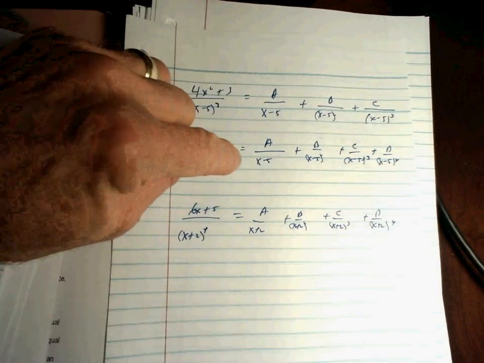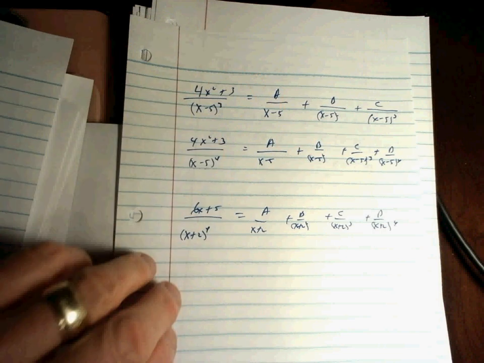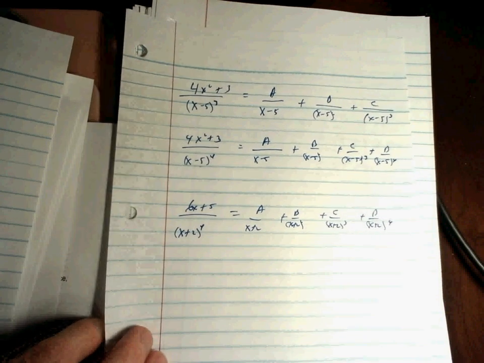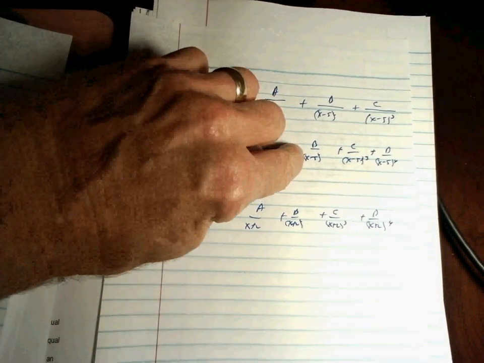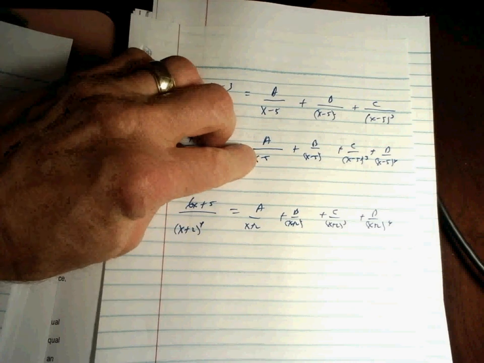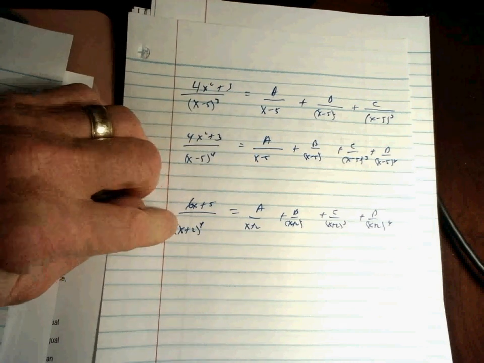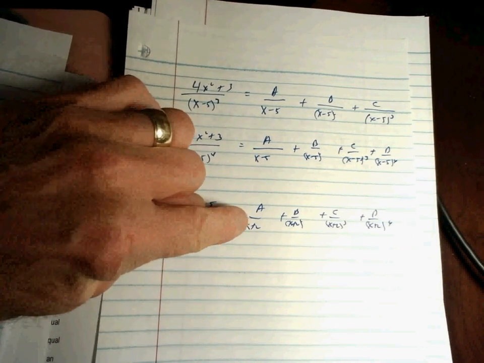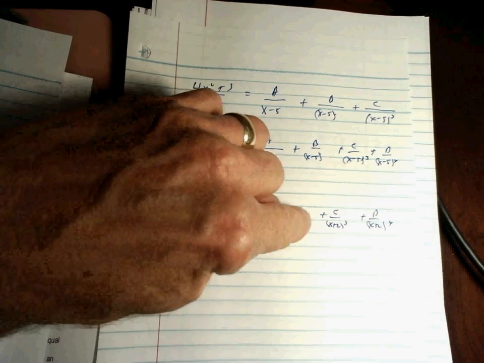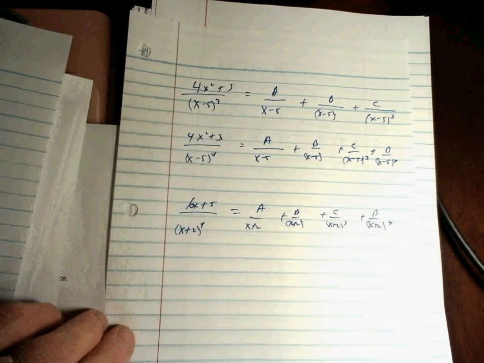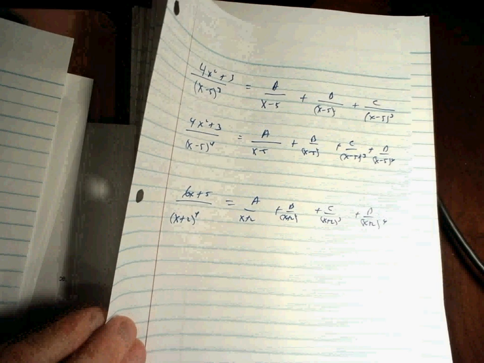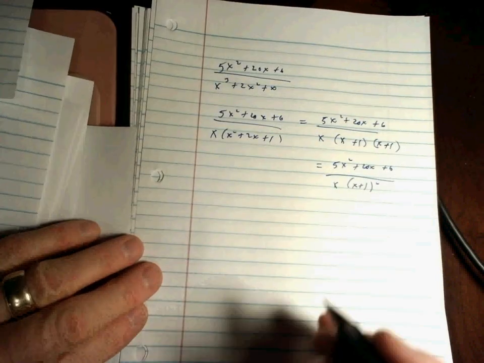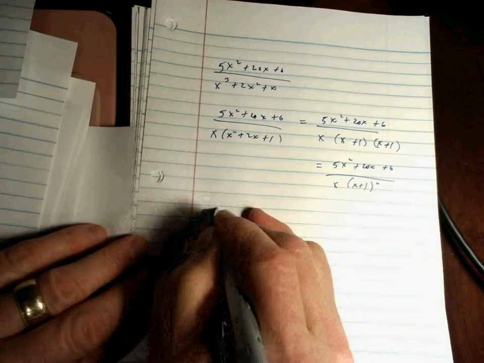So when I do my partial fraction decomposition, we'll have to take care of both the linear and the quadratic component factors, taking this to the power of 2, and this to the power of 1. Like in the previous case, we had each one of these linear factors to the power of 1, to the power of 2, to the power of 3, and to the power of 4. So we're going to have to do the same thing with this problem when we do the breakdown.